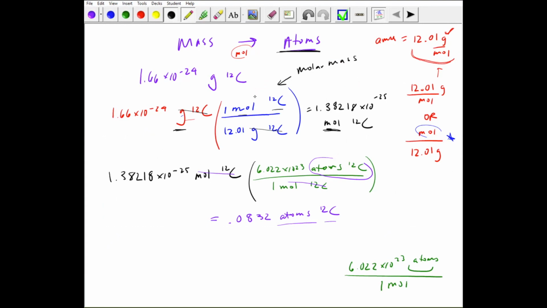So we use the atomic mass of carbon in grams per mole. Then once we're in moles, we can use Avogadro's number. And here we wanted to know the number of atoms specifically, so we filled in atoms here: 6.022 times 10 to the 23rd atoms per 1 mole. This helped us just get atoms in the end.